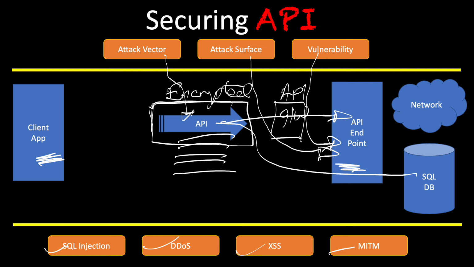We also want to validate our input, which, as I mentioned before, helps with SQL injection and cross-site scripting. There's also the rate limiting, and there are a number of ways we can rate limit our traffic for DDoS protection, whether it's using an API gateway.